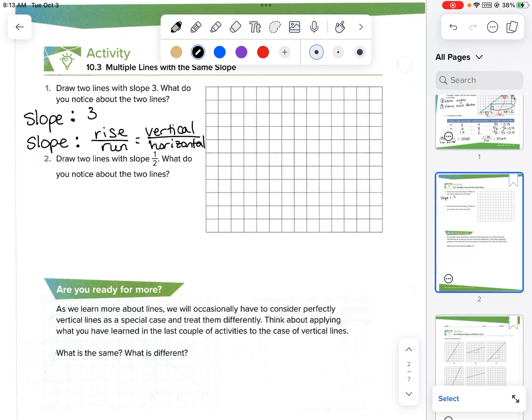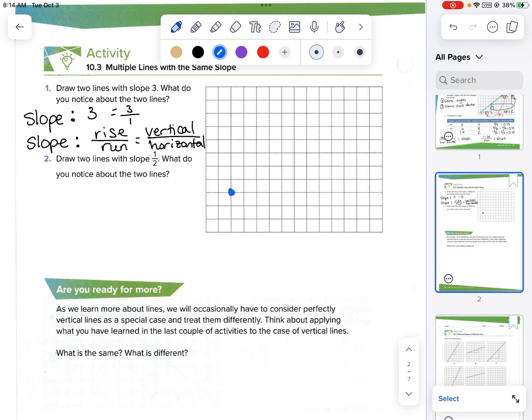So if we have a slope of 3, in order to make that into a fraction, we would need to think to ourselves, what can I divide 3 by that won't change what 3 is? And that answer is 1. So 3 is equivalent to the fraction 3 over 1. So our first step is to choose any point on the grid. I'm going to just go right here.